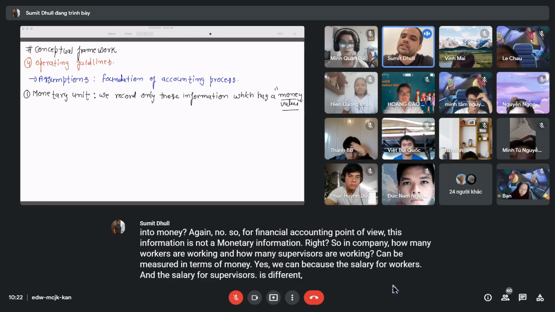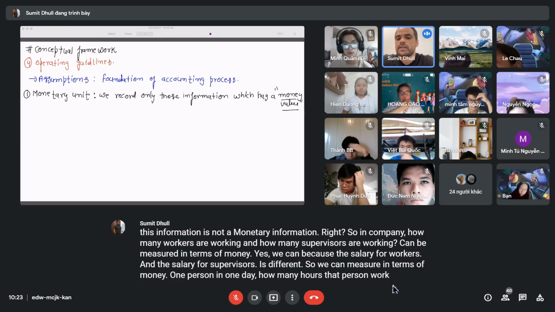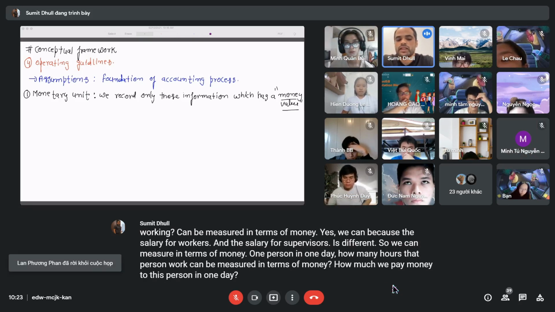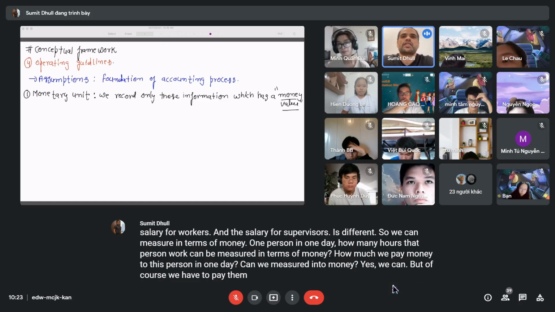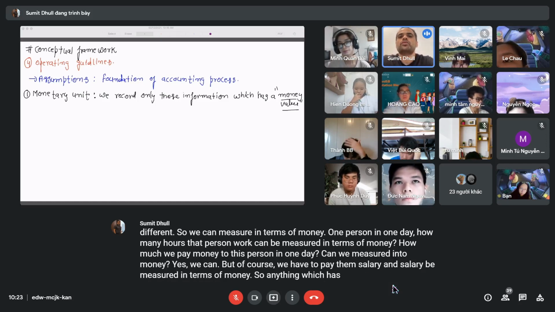One person in one day, how many hours that person works, can be measured in terms of money. How much we pay this person in one day can be measured in money. Yes, we can. We have to pay them salary, and salary can be measured in money. So anything which has a money value, we only record that information.